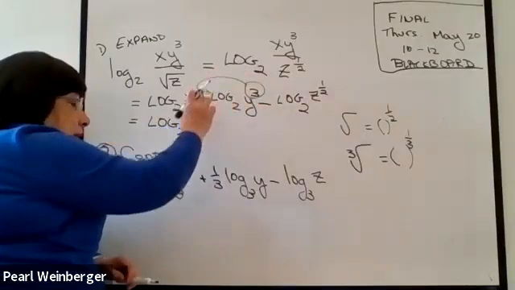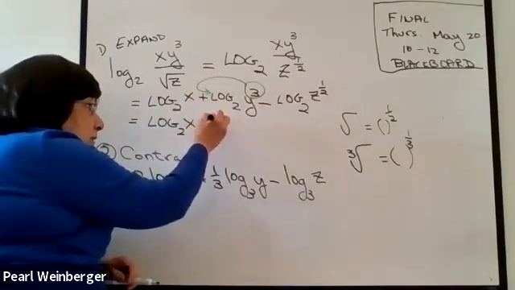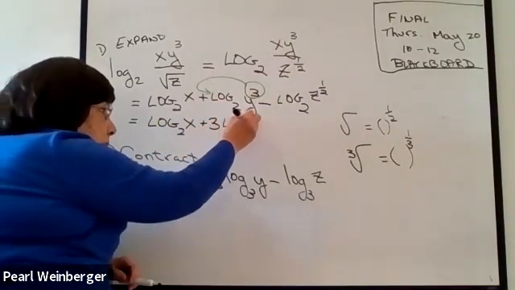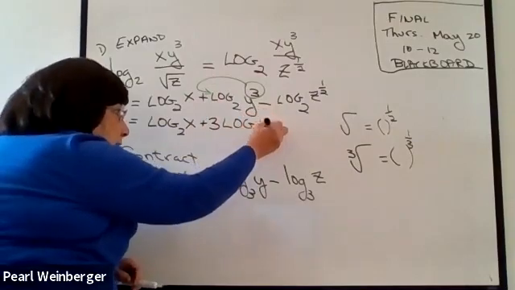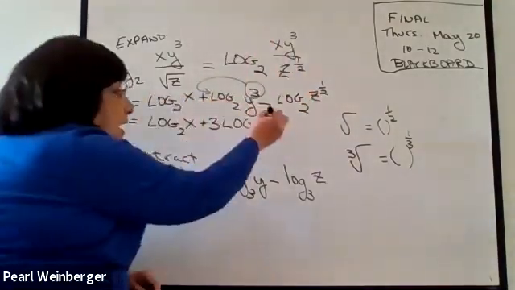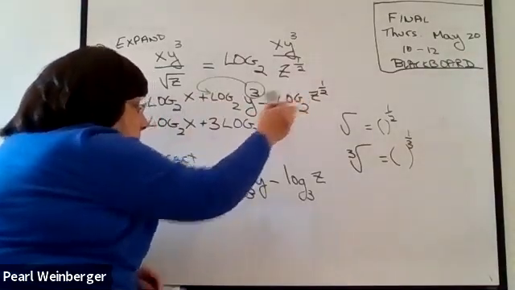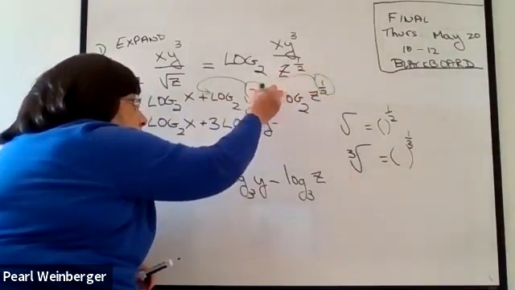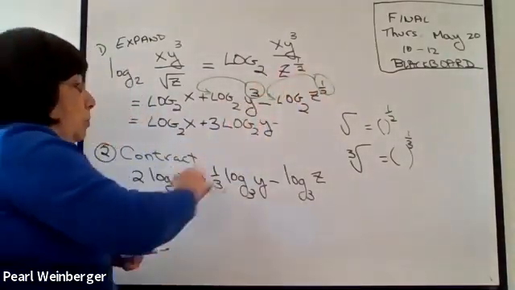So this, the 3 is an exponent. In logs, that's going to become your coefficient. So it's going to be 3 log base 2 of y. And the z also has an exponent. It has an exponent of a half. So again, the exponent becomes the coefficient. It goes in front of the word log.